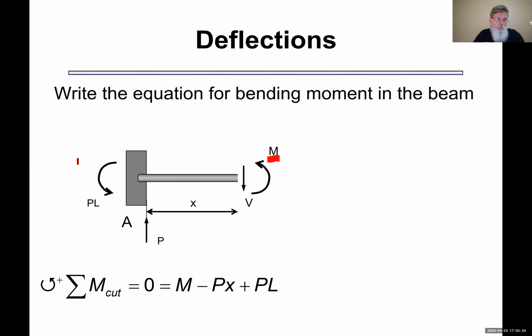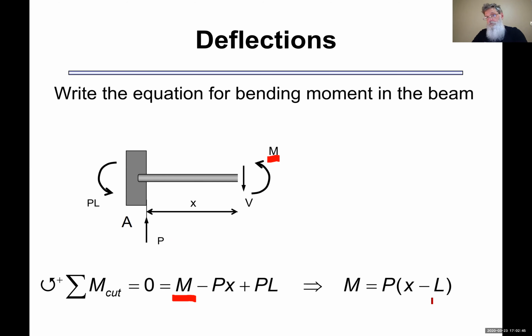And then I have the actual applied moment over here, the reaction moment, PL, which again, from my sign convention, is positive. So then I solve for what I don't know, which is the moment. And when I do that, I get the moment is P times (x minus L).